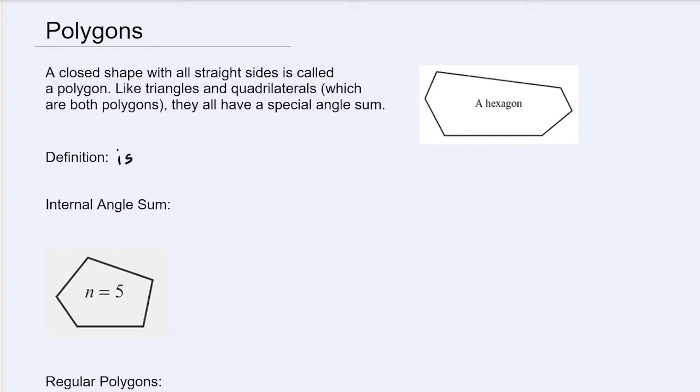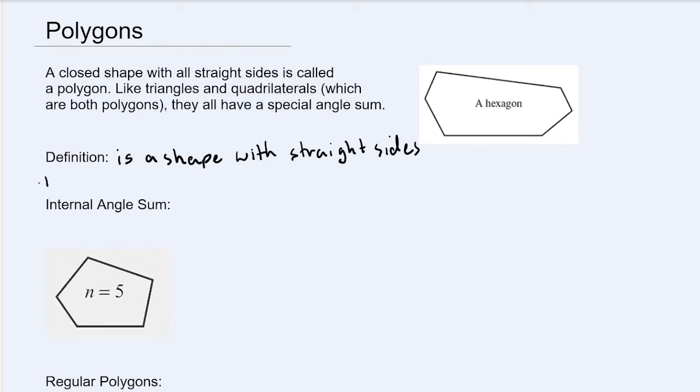It is a shape, which is what our gon part really says, and it has straight sides, and it can have any number of straight sides from 3 up. That's essentially what a polygon is, a shape with straight sides.